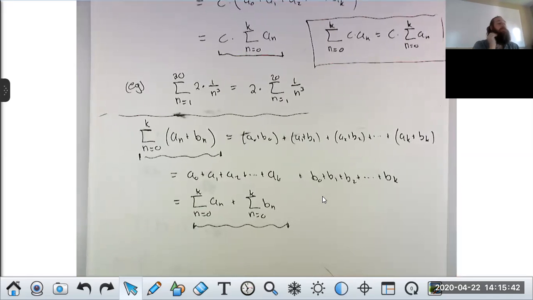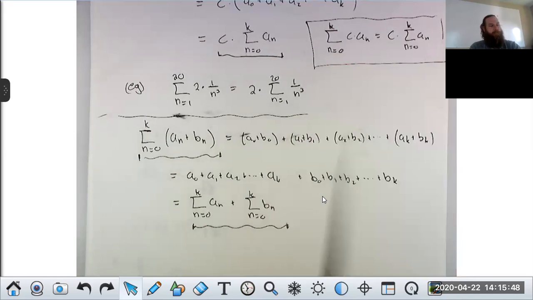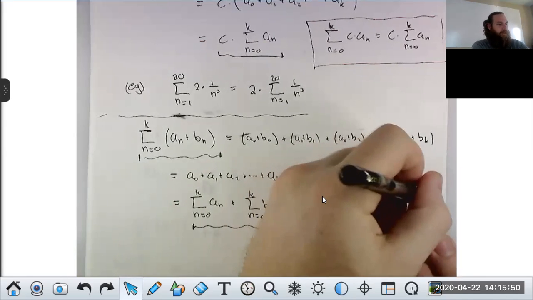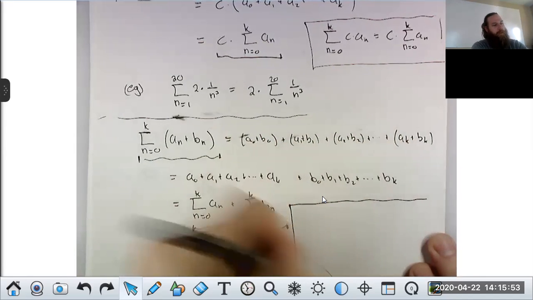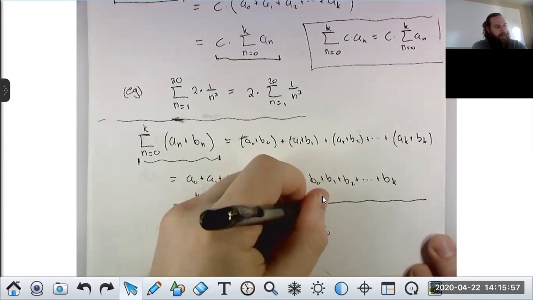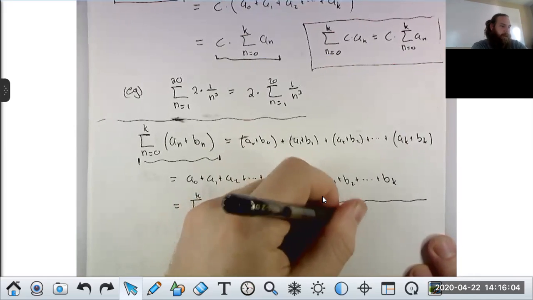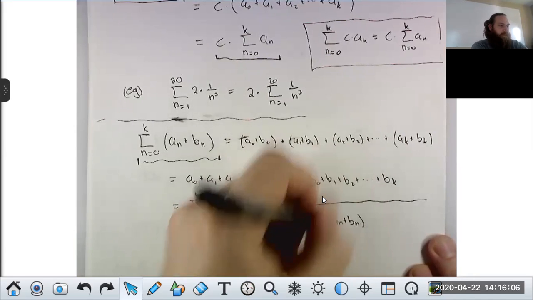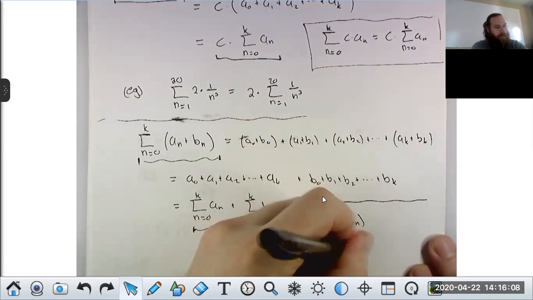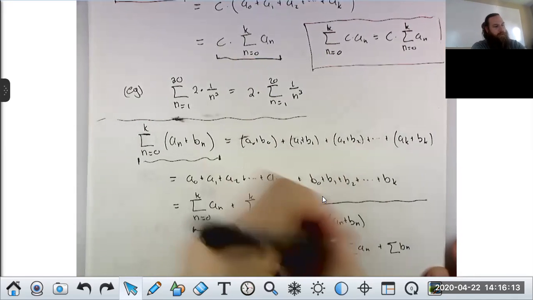So in other words, the other important property of this sigma operator, the first one is that constants inside can be popped out. The second important one is that you can split the sum up over addition. Sorry, it's a habit writing infinity up there. So the sum sigma a_n plus b_n is the same as sigma a_n plus sigma b_n, as long as the indices match.